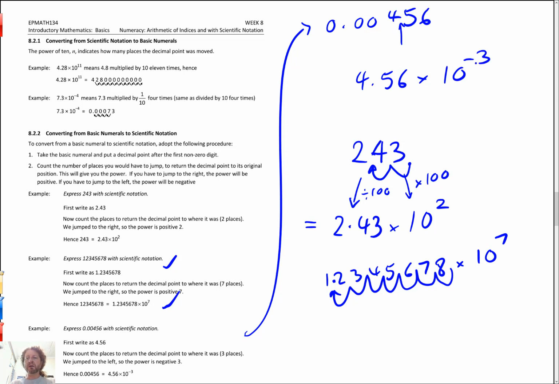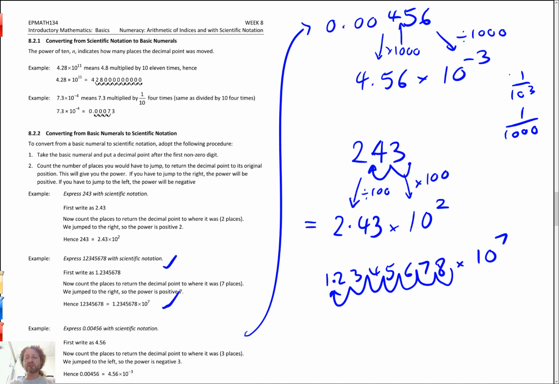So I better make this number smaller again to get back to there. Again, I've timesed by 1,000 to make it look like this. I better divide by 1,000 to make it look the same. And 10 to the minus 3 is 1 over 10 to the 3, which is 1 over 1,000, which is dividing by 1,000. So yeah, it's small karaoke.